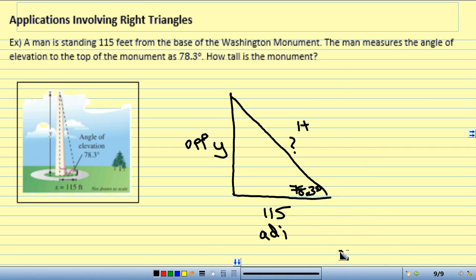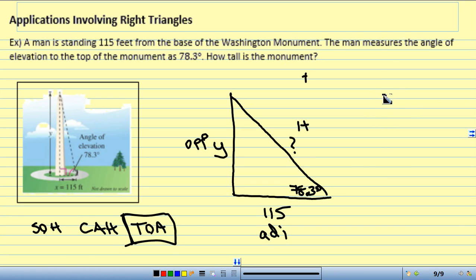So this is opposite, this is hypotenuse, this is adjacent. And now, out of SOHCAHTOA, so tired I can't even write it. SOHCAHTOA. Which one has opposite and adjacent? That's going to be tangent.